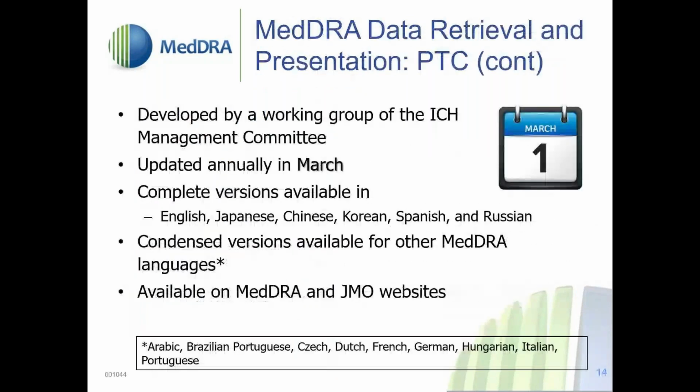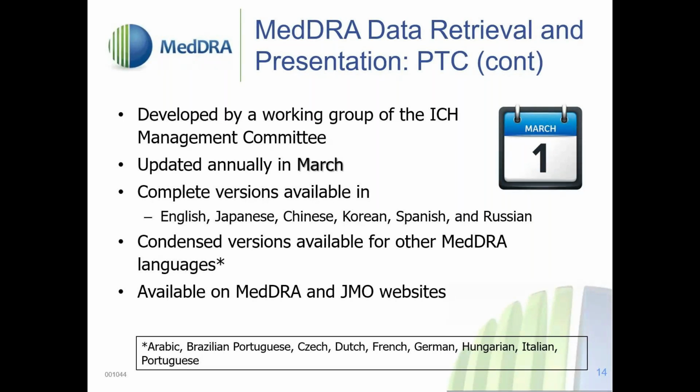The ICH points to consider documents are developed and are maintained by an international expert working group, which is appointed by the ICH Management Committee. It has a very broad geographical representation. And the complete versions of the PTC document are released once a year on 1st of March, and they are available in several languages: English, Japanese, Chinese, Korean, Spanish, and Russian.